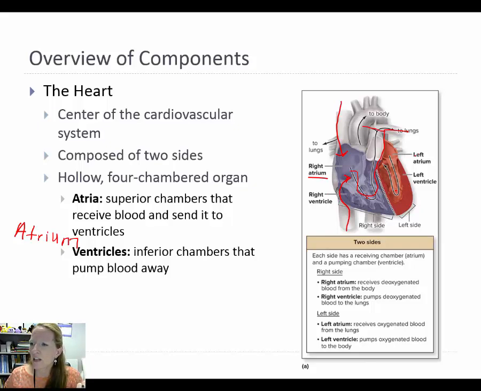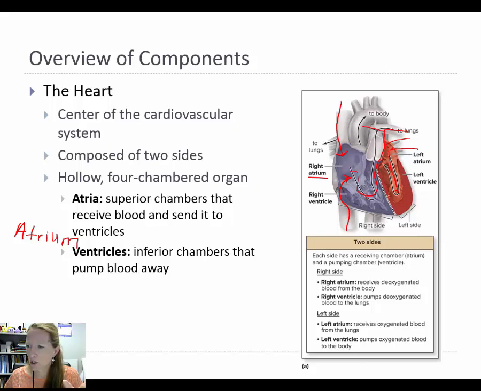On the left side, it has already gone to the lungs over here, and it's picked up oxygen. So now it's going to have oxygenated blood. The left atrium is going to receive oxygenated blood from the lungs, and then it is going to move to that left ventricle, and this is the one that pumps oxygenated blood out to the rest of the body.